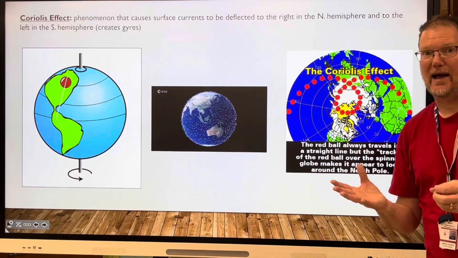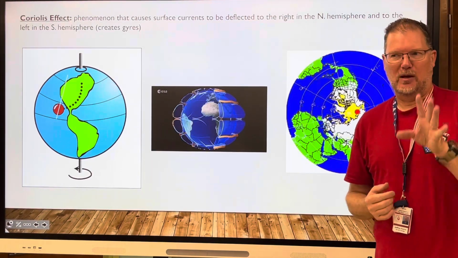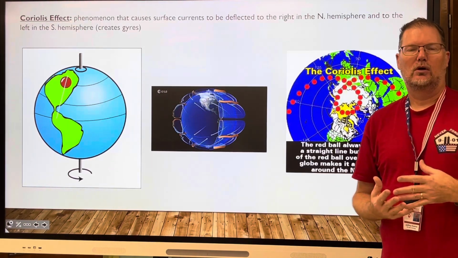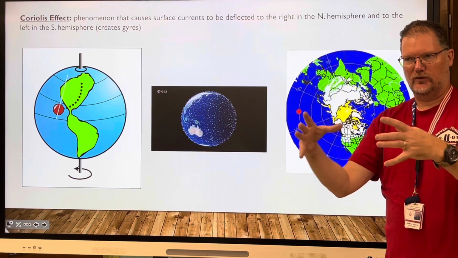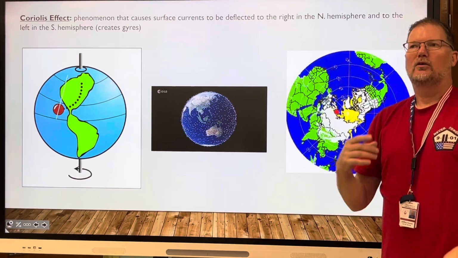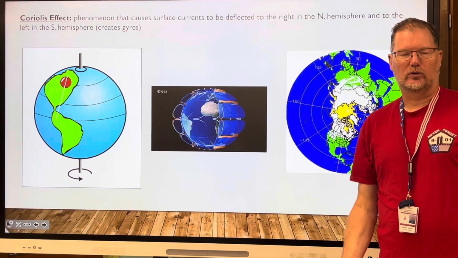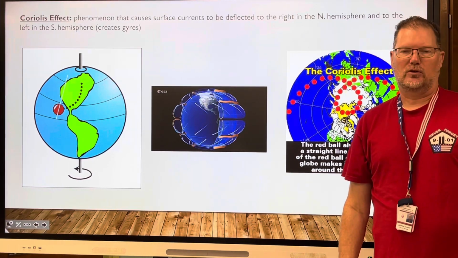It does not affect, as many people think, toilets or other water falling through a hole in a small container to flow in one direction in the Southern Hemisphere and another direction in the Northern Hemisphere. It has nothing to do with the Coriolis effect.